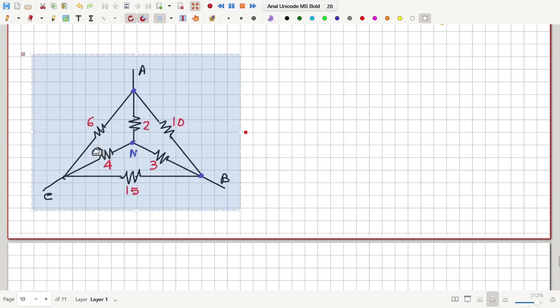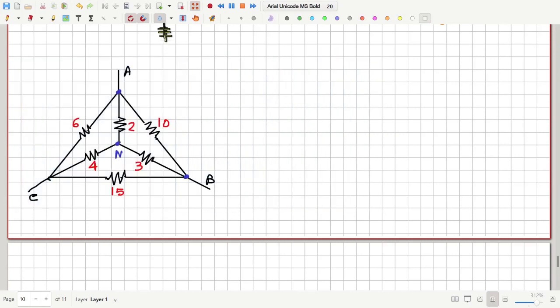Now before proceeding further, I would like to redraw this circuit slightly differently, like what will follow.